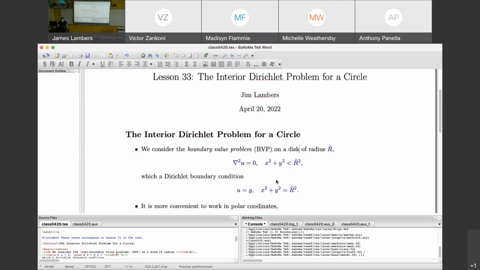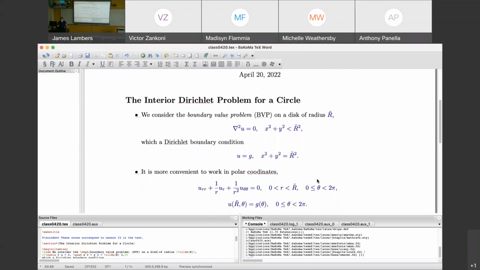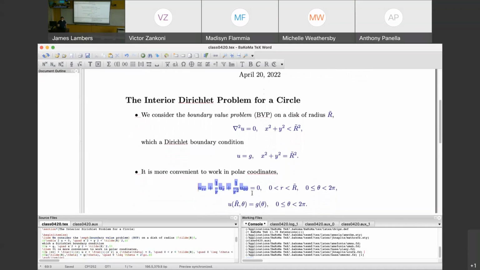Now, due to the circular nature of our domain, polar coordinates is a good idea. So this is the Laplacian in polar coordinates that was derived last time. Now we'll consider our polar variable r between 0 and r tilde.